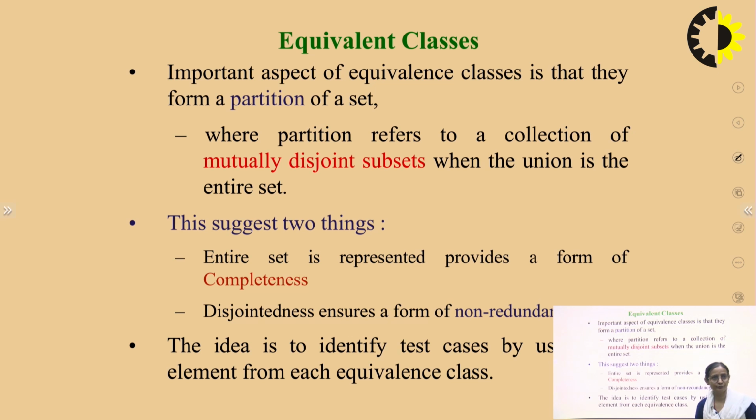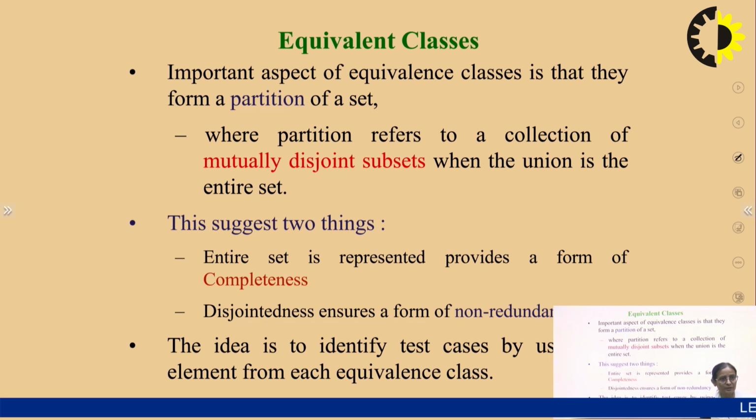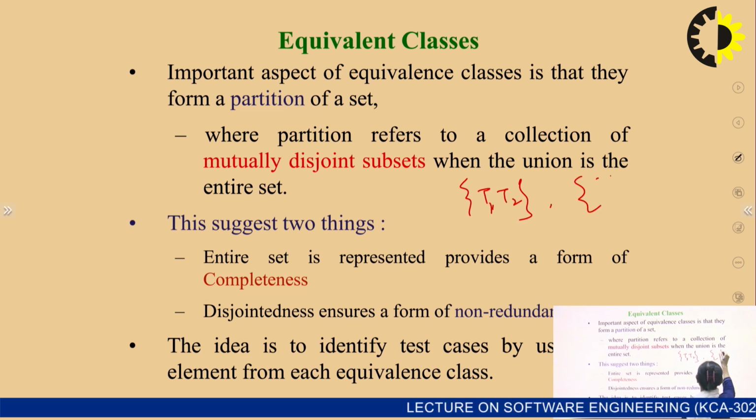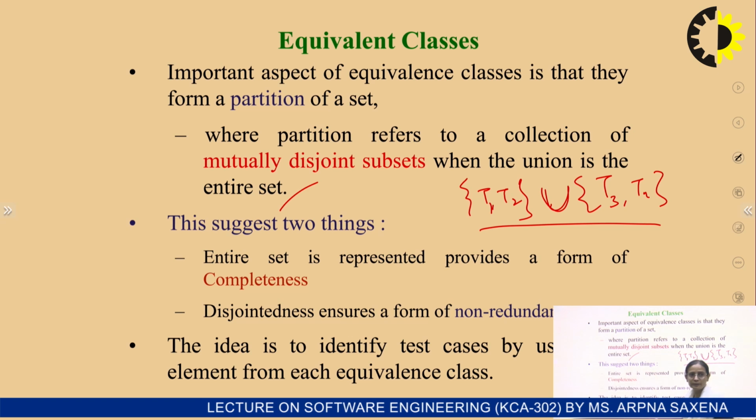An important aspect of equivalence classes is that they form a partition of a set, where partition refers to a collection of mutually disjoint subsets whose union is the entire set. That is, if I have subsets T1, T2 and another T3, T4, then the union of these will give me the entire test set.